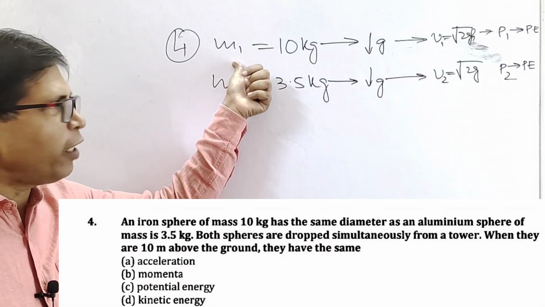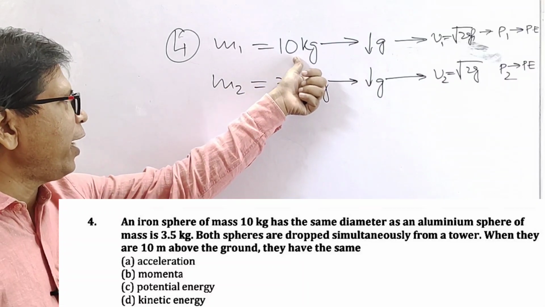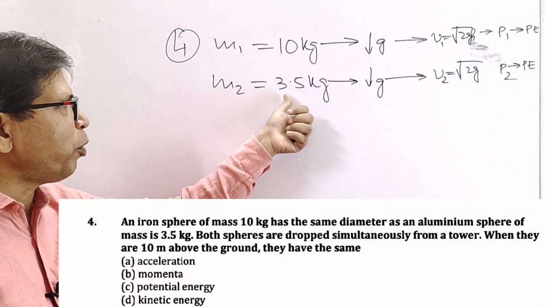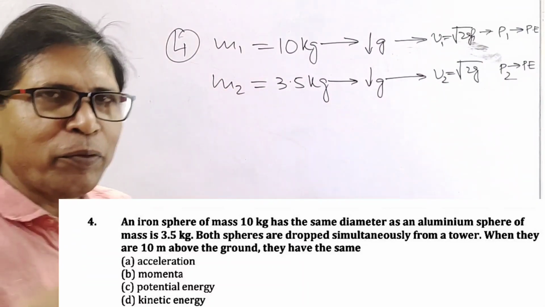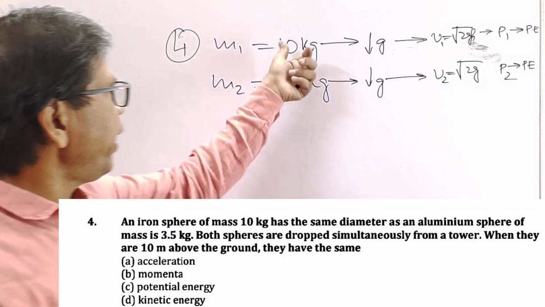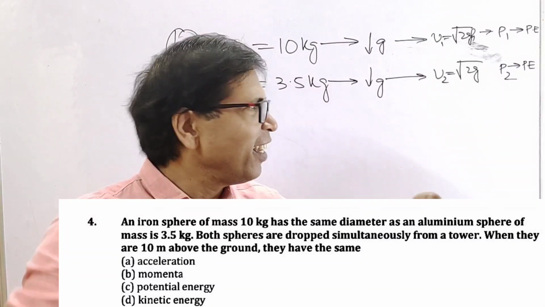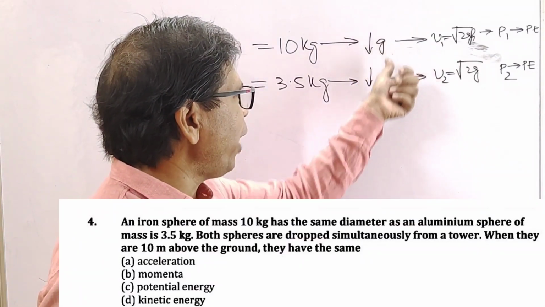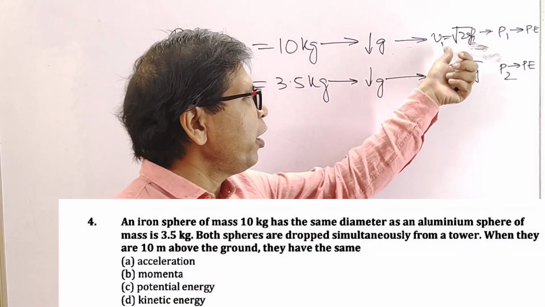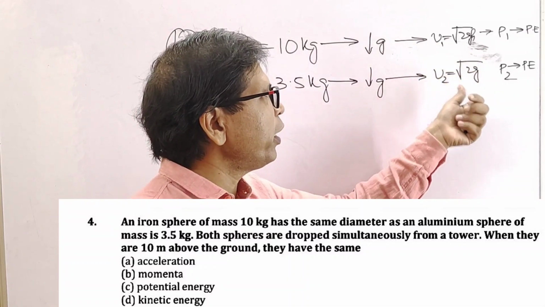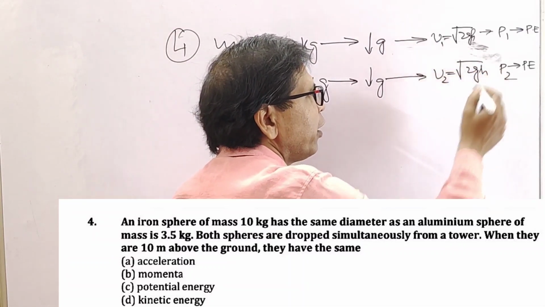Okay, next. An iron sphere of mass 10 kg and an aluminum sphere of mass 3.5 kg are falling from a tower. When they are 10 meters above the ground, their acceleration is the same, both have g. Velocity v1 equals v2 equals root 2gh.